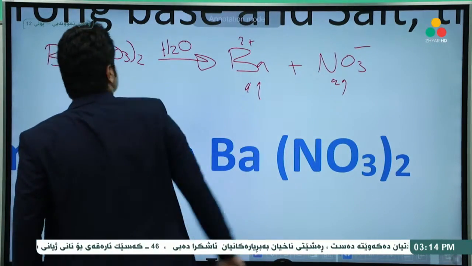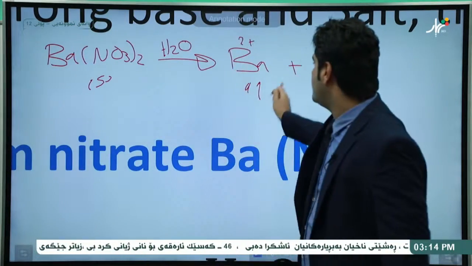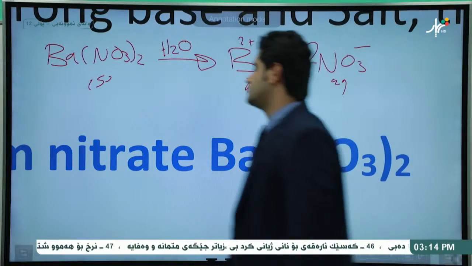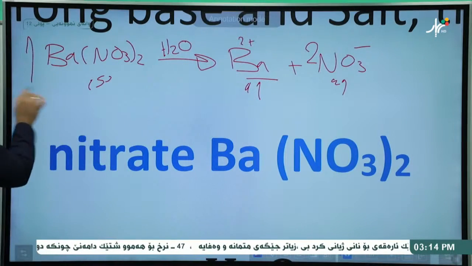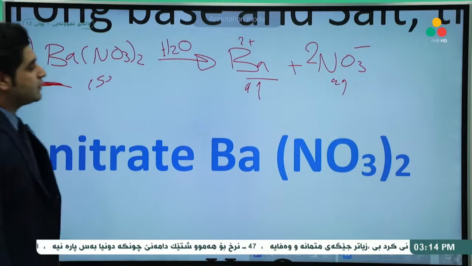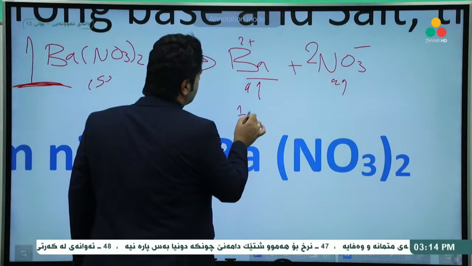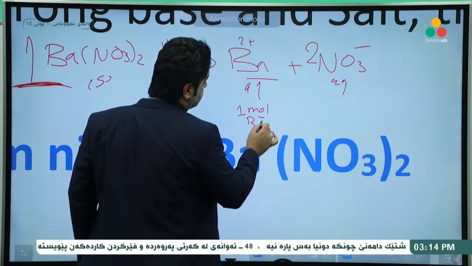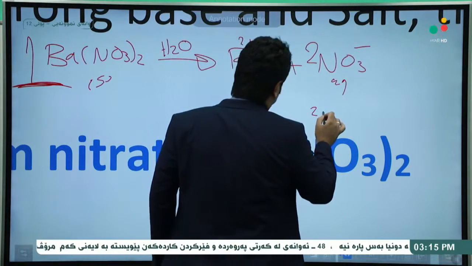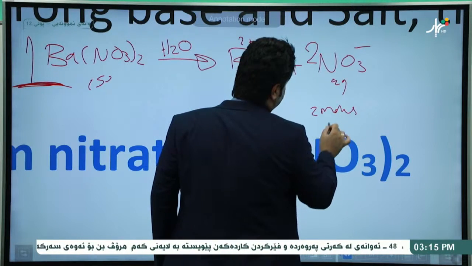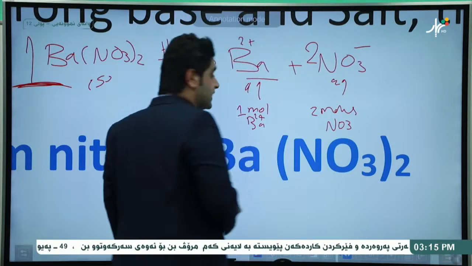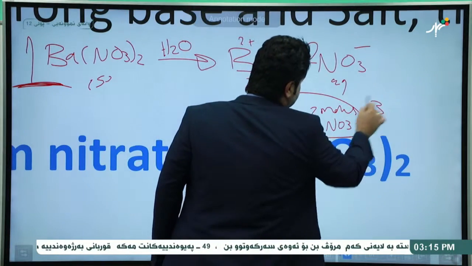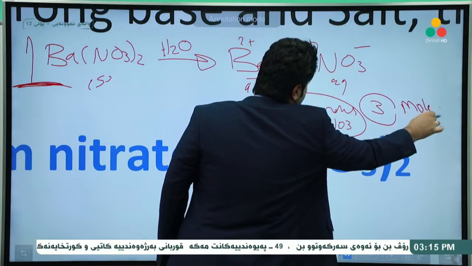This is solid. And then balance the equation. 1 Ba, 2 NO3. So for 1 mole of BaNO3, we get 1 mole of Ba plus 2 and 2 moles of NO3. The total number of the ions is 3 moles.